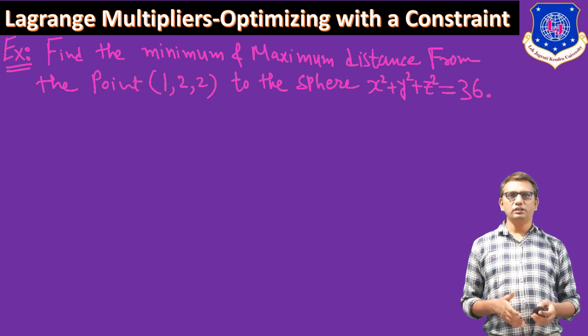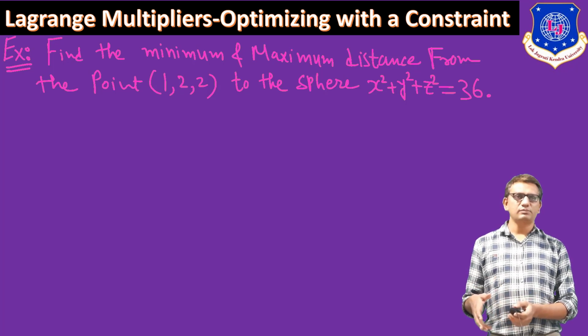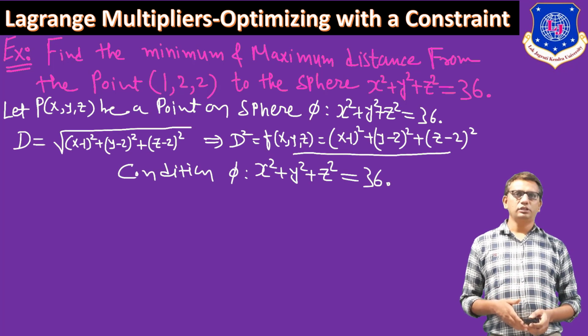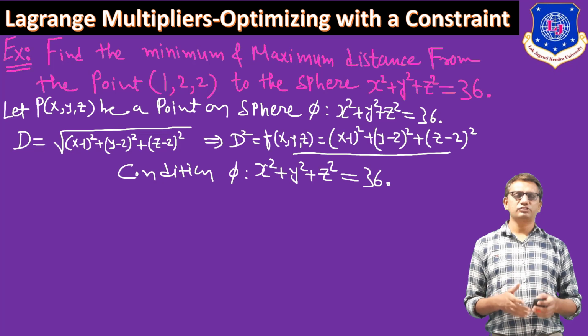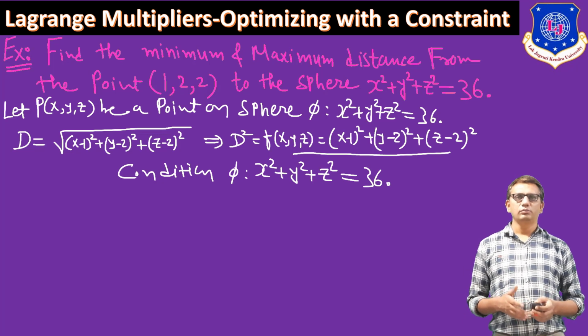So we have to find the actual minimum and maximum distance on the sphere from this particular point. Here this is a point distance formula, and we have a condition x square plus y square plus z square equal to 36, and distance is given by the square root of (x minus 1) whole square plus (y minus 2) whole square plus (z minus 2) whole square.